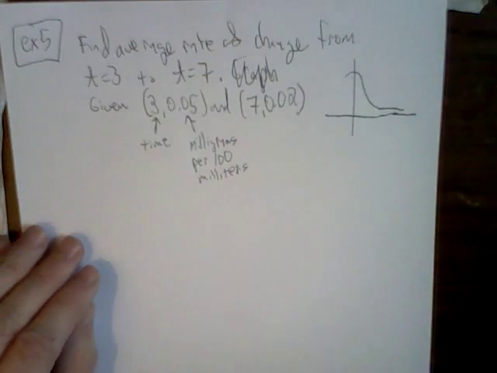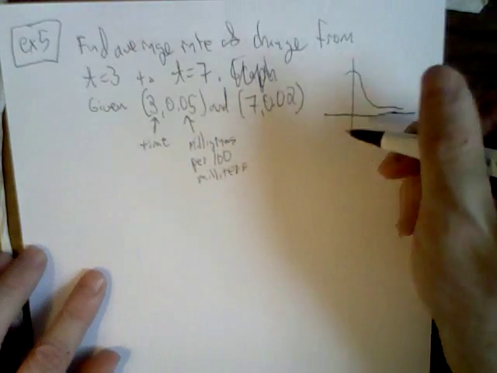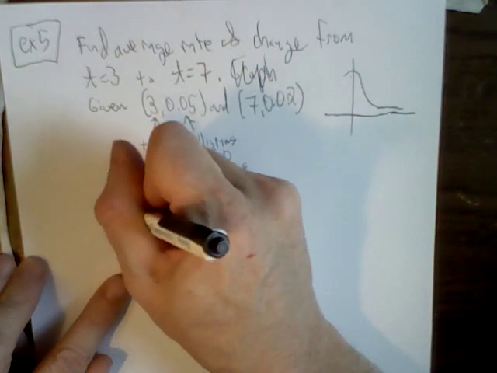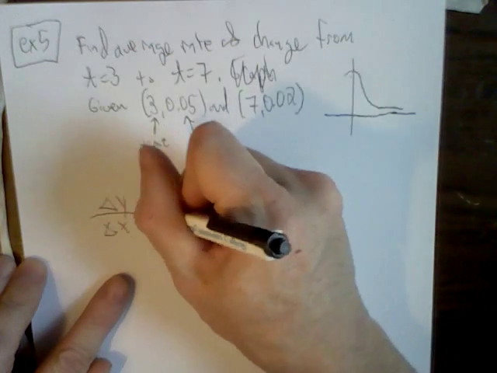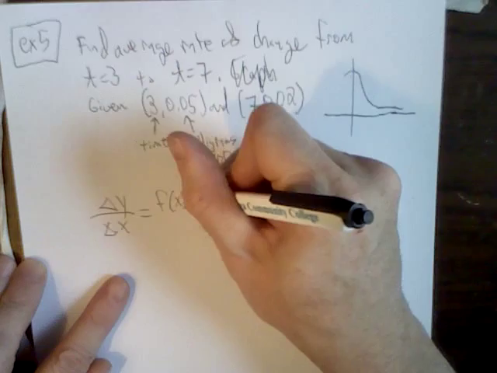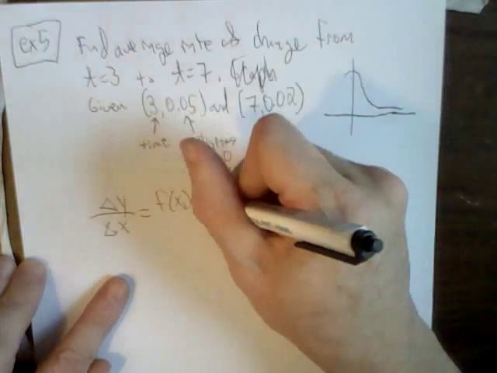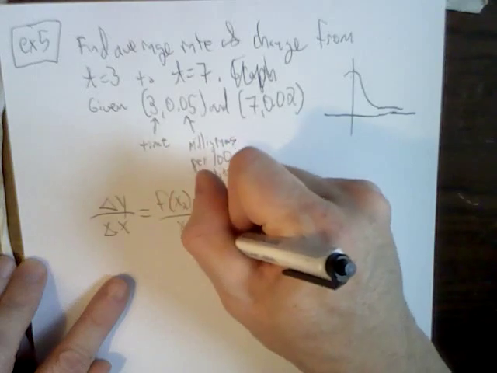All right, so basically it's just a slope problem again, but it's this weird new slope that we have. Let's remind ourselves what that slope is. It's f of x2 minus f of x1 over x2 minus x1.